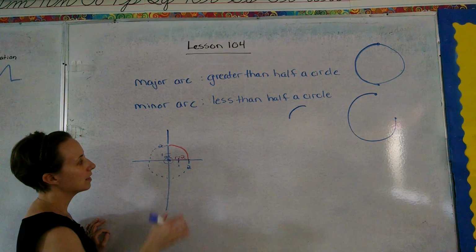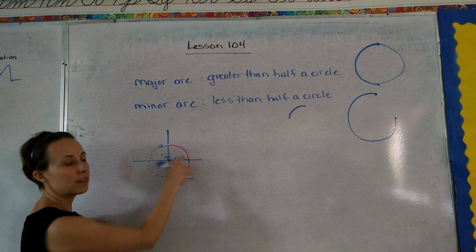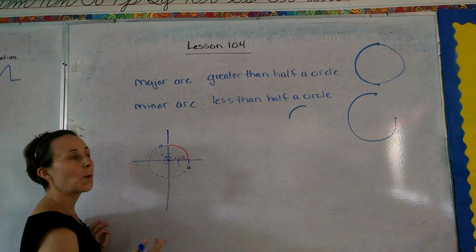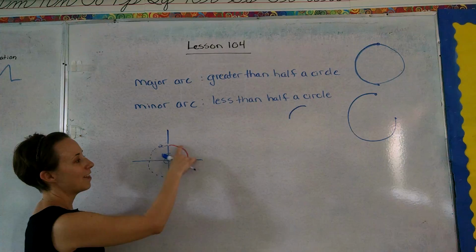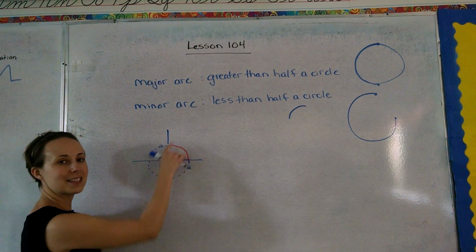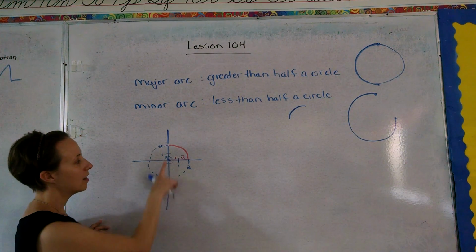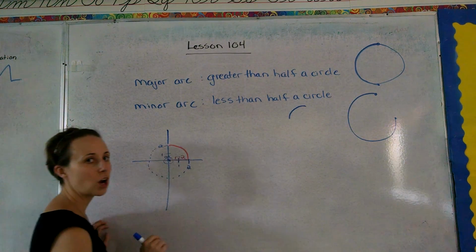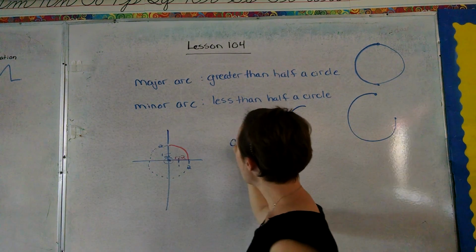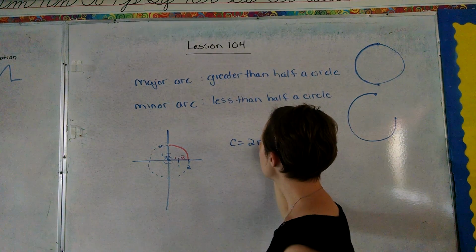How could I find the measure of the arc? Well, that looks a lot like part of the circumference, doesn't it? I can use my circumference formula to help me find the measure of this arc. I know that circumference equals 2 times r times pi.